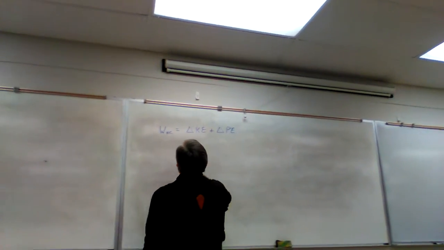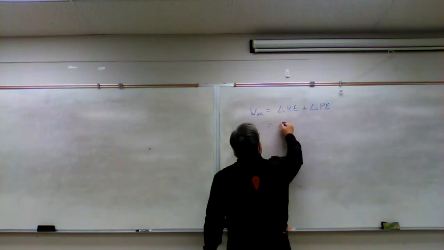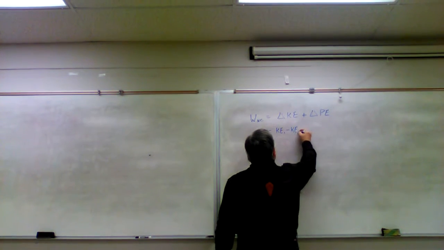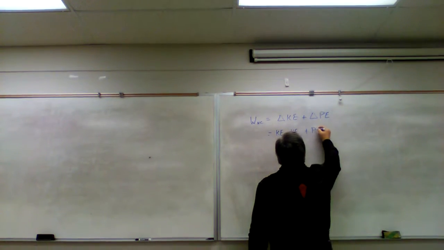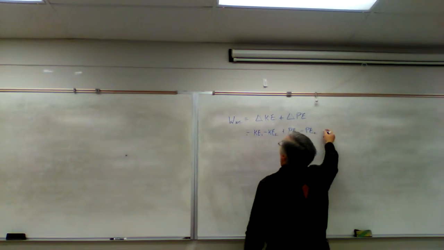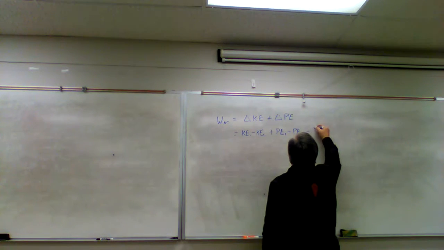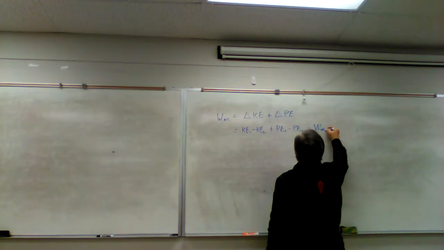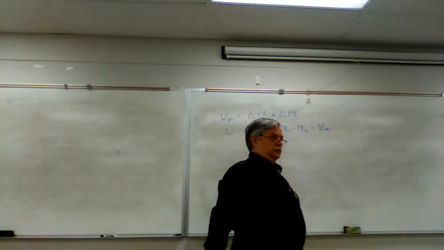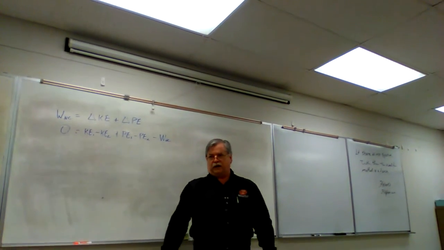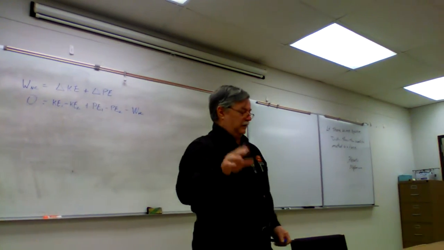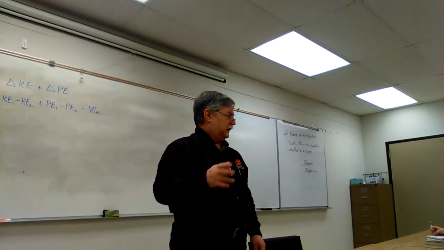Or KE1 minus KE2 plus PE1 minus PE2 minus work done by non-conservative forces should always be equal to 0. Of course, work done by non-conservative forces is generally considered. They play around with the signs. They'll say, well, it's a negative, so you're adding it.